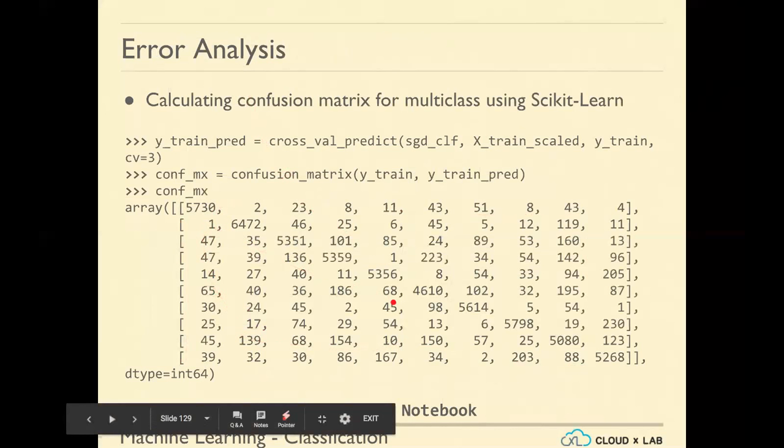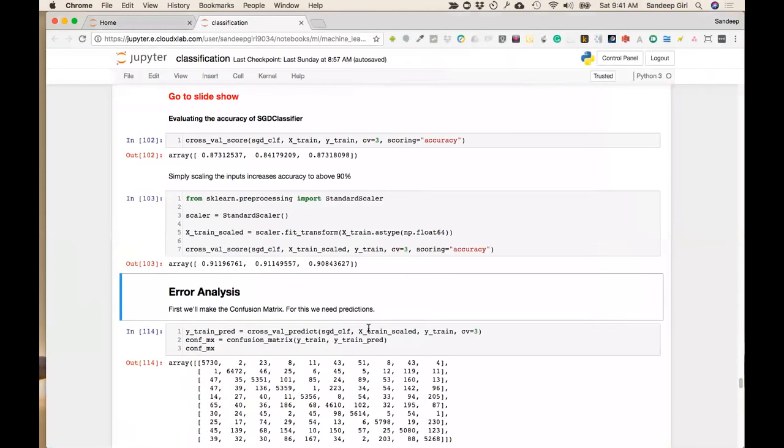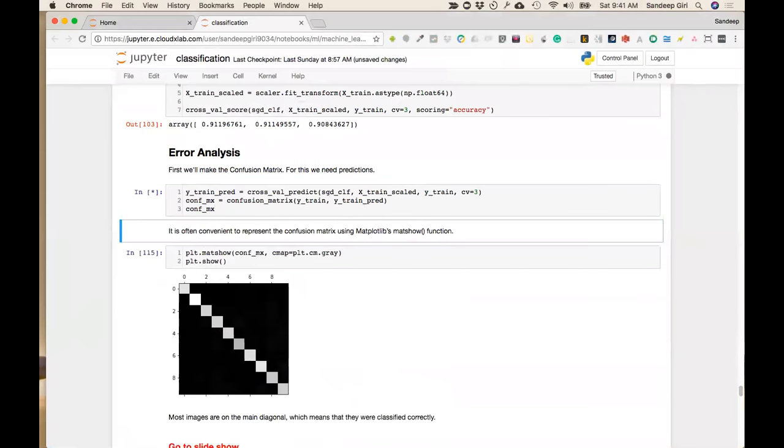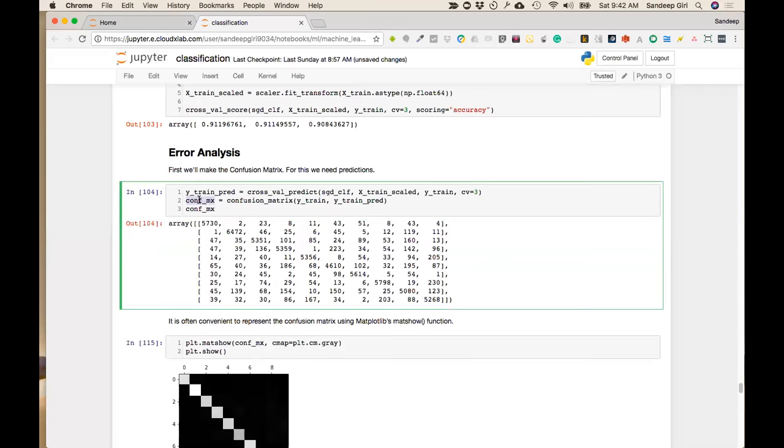It is computing the confusion matrix right now.